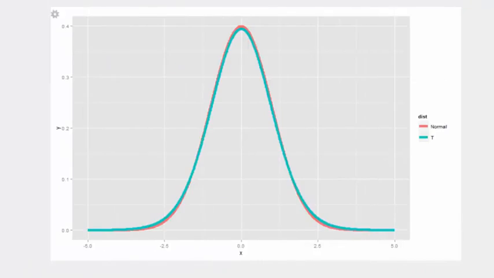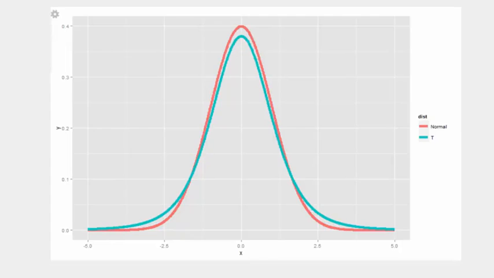Here I use RStudio's manipulate function to show the t-distribution as it overlays the normal distribution for varying degrees of freedom. Here I have it for 20 degrees of freedom, and you can see they're quite similar. As I draw the degrees of freedom down, you can see that the t-distribution has heavier tails.